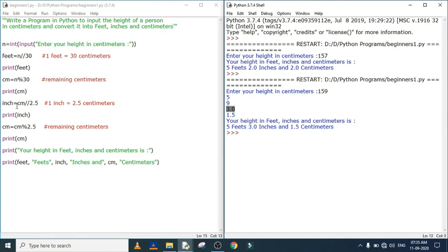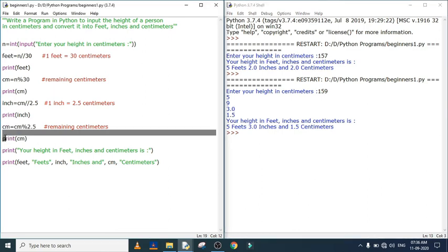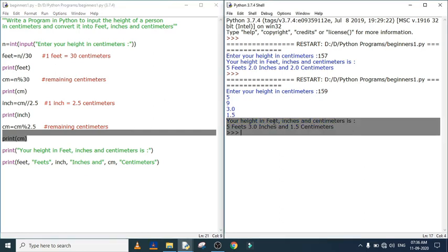Again cm equals cm mod 2.5. So what is left? 7.5 is used as inches, the rest is 1.5. 1.5 will be the value of this centimeter. And then the final answer: the height is 5 feet, 3 inches and 1.5 centimeters.